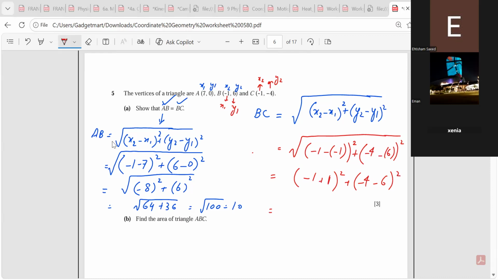Let's solve it. This is going to be 0 plus bracket -10 square and then its root. So we already know that root will be cut with square. So it is 100, then root, and then root will be 10. So we have got the answer AB is equal to BC. ठीक है?